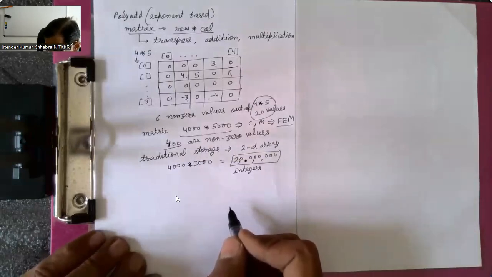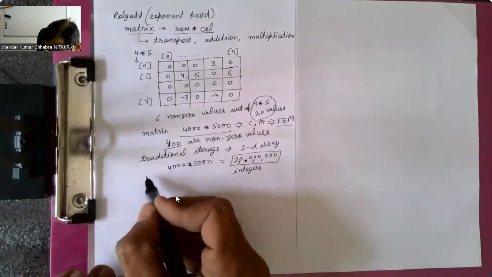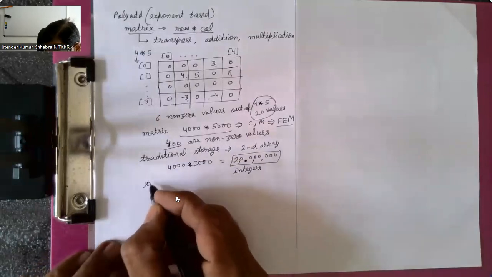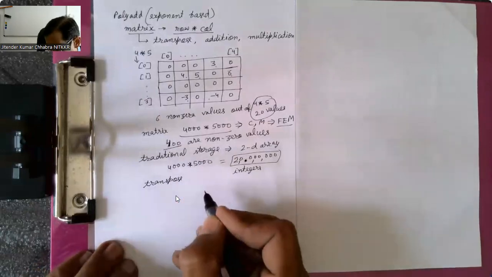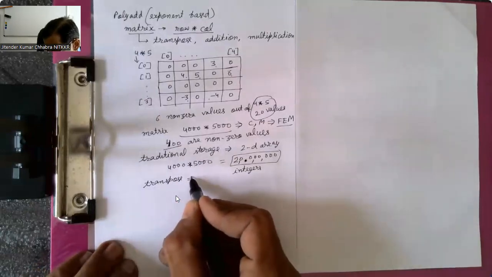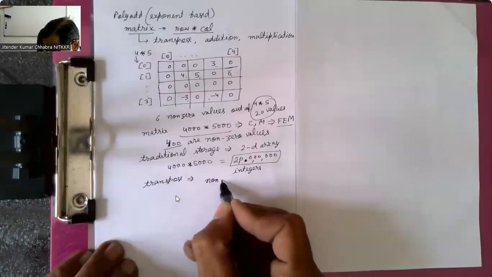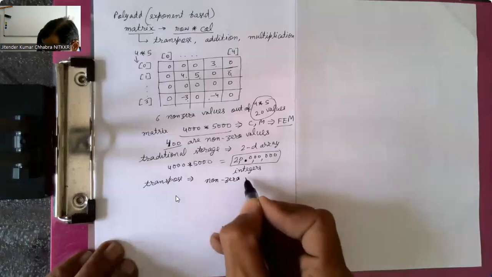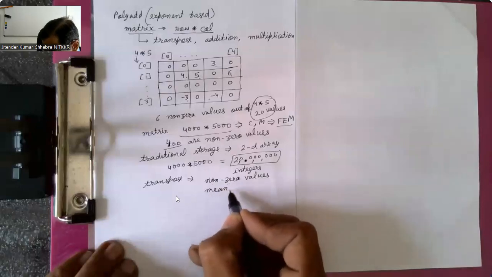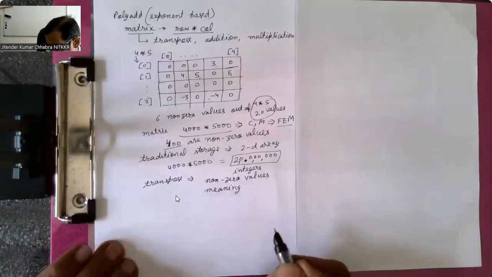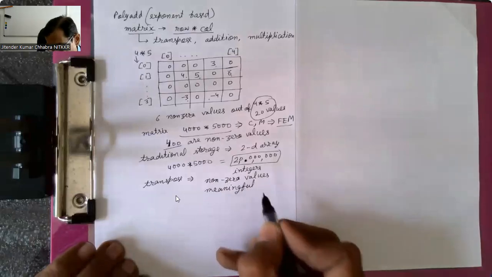Now if I am interested mainly in transpose or addition or similar operations, in all these cases effectively non-zero values will be meaningful, and other values will have minimum role to play, especially in the transpose.